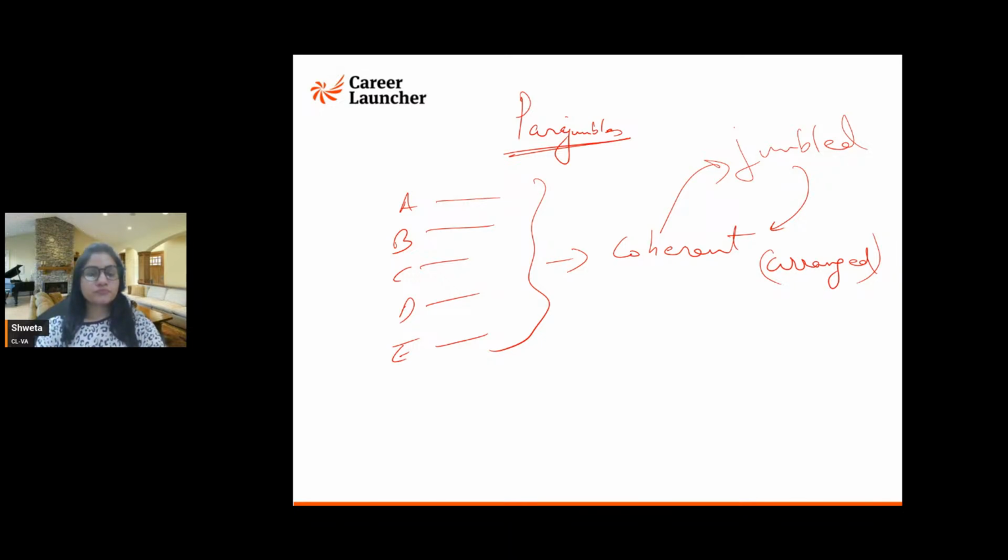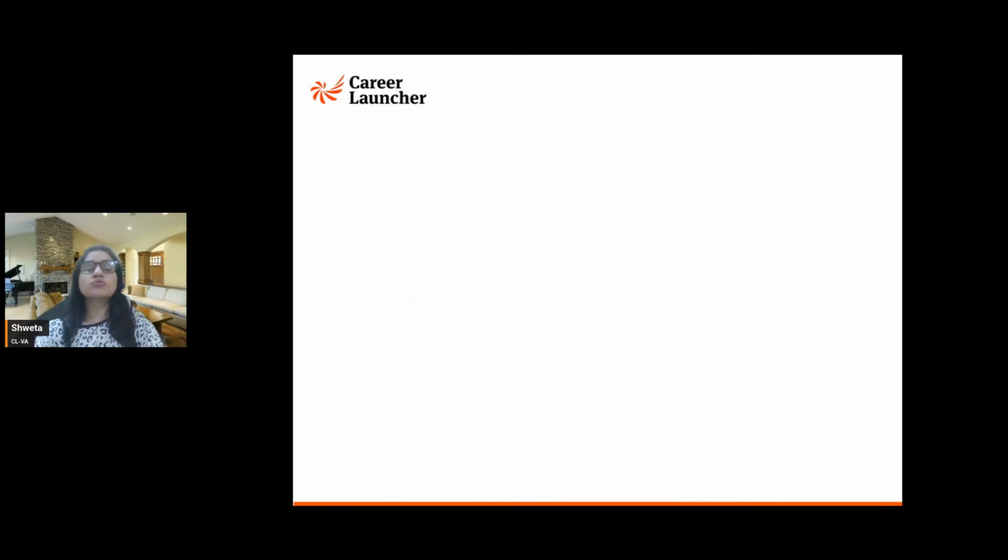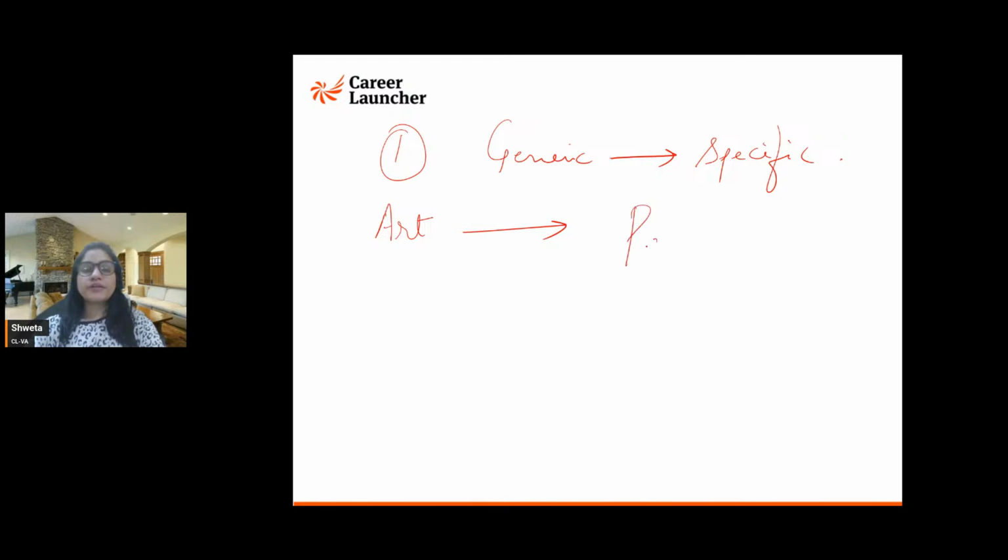So, there are certain strategies which we can follow in order to understand how parajumbles can be solved. As I told you, one approach is always generic to specific. Generic to specific means, say, I'm talking about art, and then I talk about, say, painting or maybe classical dance.